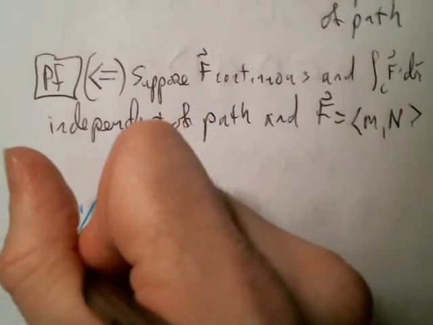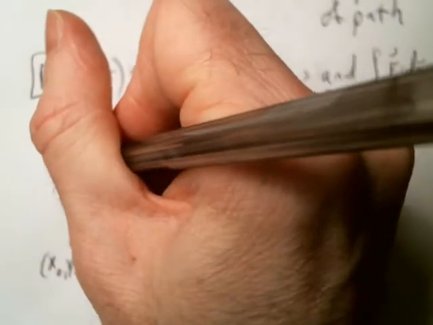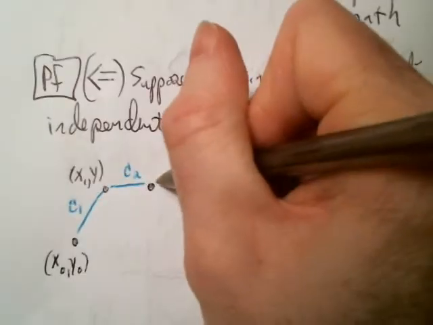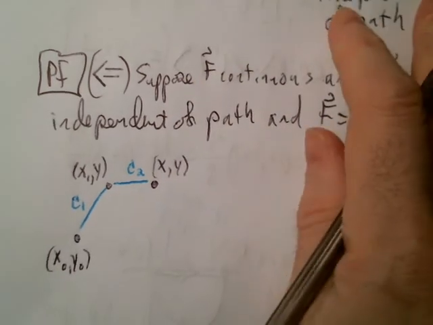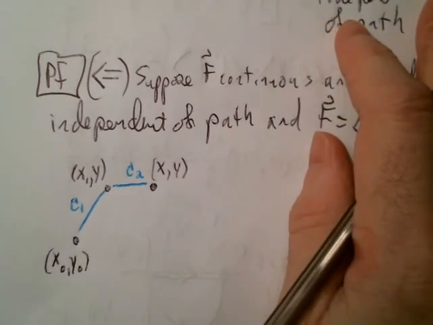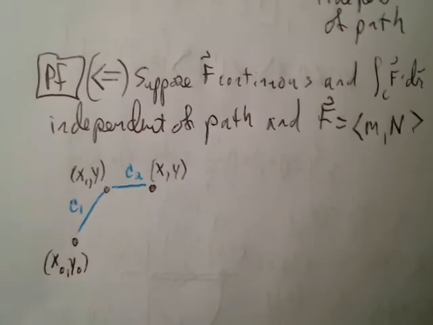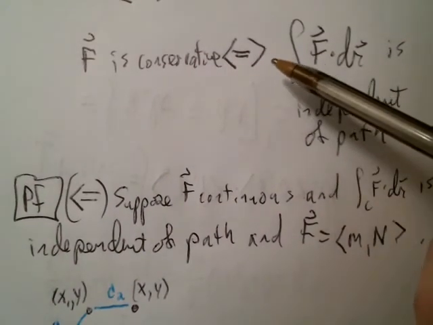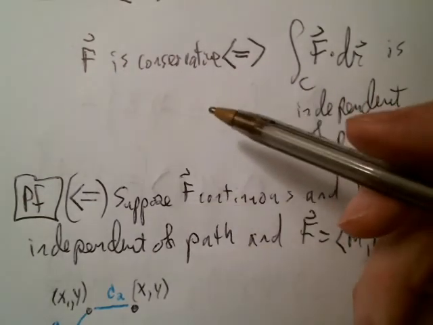I'm starting at x0, y0, and then I'm going to this point here, which is x1, y, and then this point here is x, y. If I can find a potential function such that the gradient of that potential function is equal to this vector field, I think I'll have proved it.